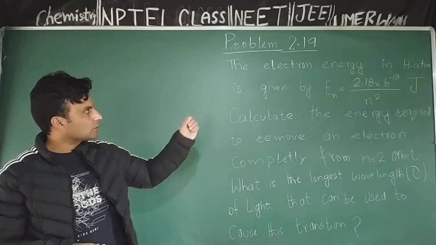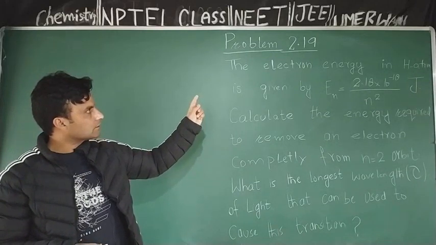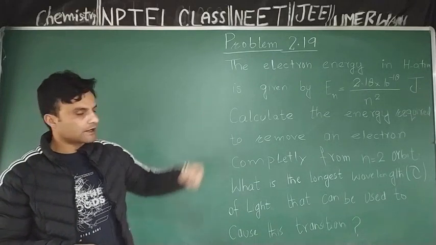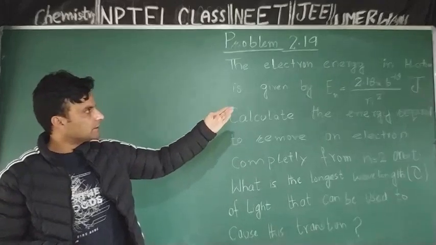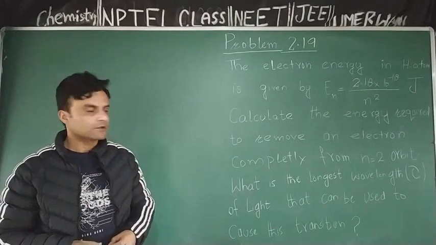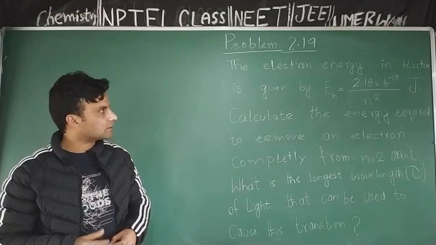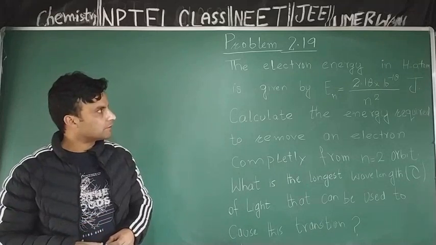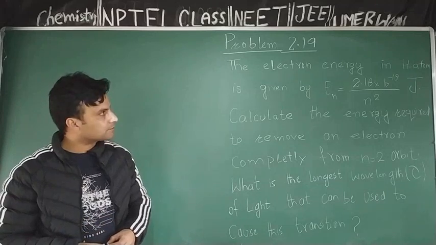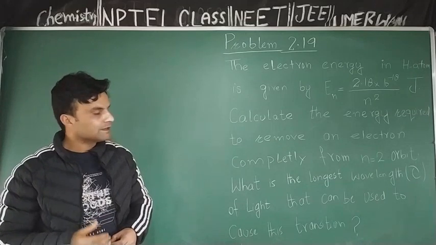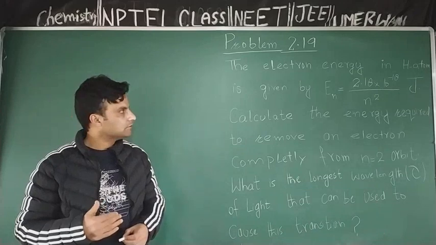It is told that energy of electron in hydrogen atom is given by this expression, that energy is function of orbit number of an electron and equals 2.18 into 10 raised to power minus 18 divided by n square in joules.